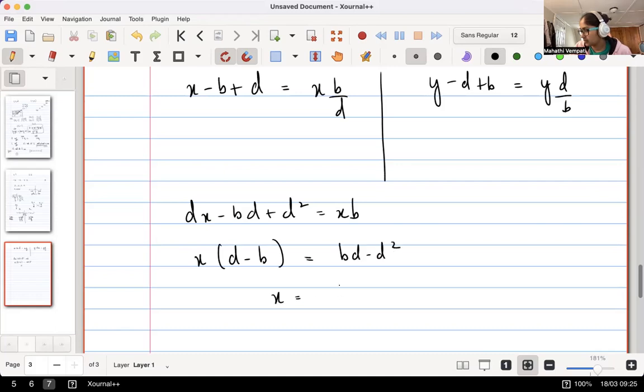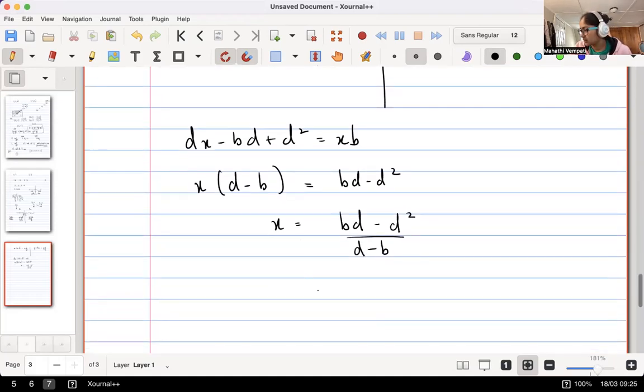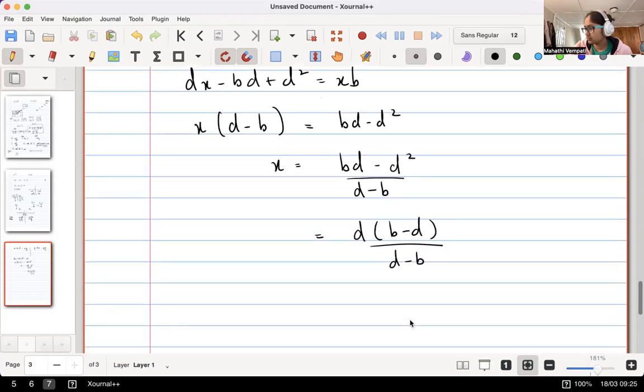X is equal to bd minus d square by d minus b, is equal to d times b minus d by d minus b, equal to minus d.